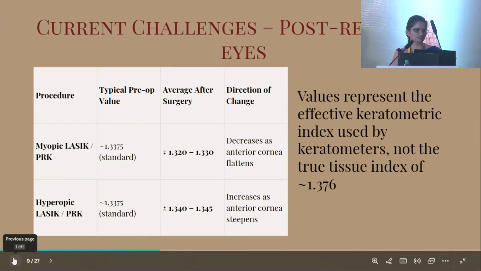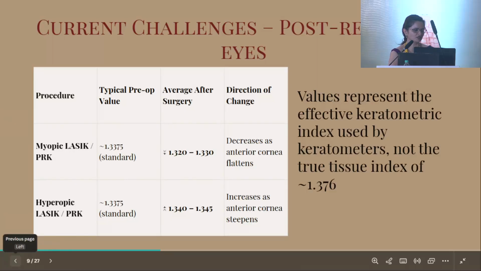Another challenging group, of course, is post-refractive eyes, and we have seen myopic LASIK and hyperopic LASIK. Again, what I wanted to explain over here is values that represent effective keratometric index, which is used by keratometers, but not actually the true tissue index. And we see that although the true tissue index is 1.376, assumed is around 1.3375.